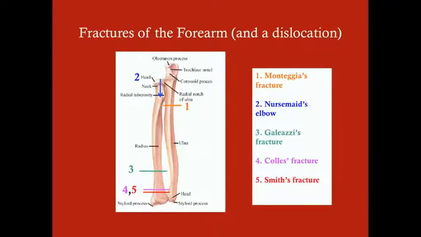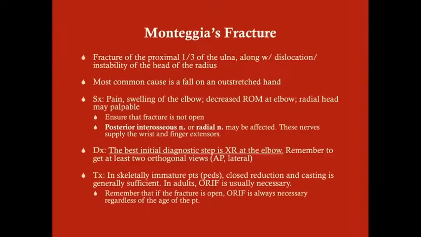And then we'll talk about Galeazzi's fracture, which is a fracture of the distal radius. And then finally, we'll finish up talking about Colles and Smith's fractures, which are fractures of the distal radius, approximately 1 inch from the articulation of the radius and the ulna at the wrist.